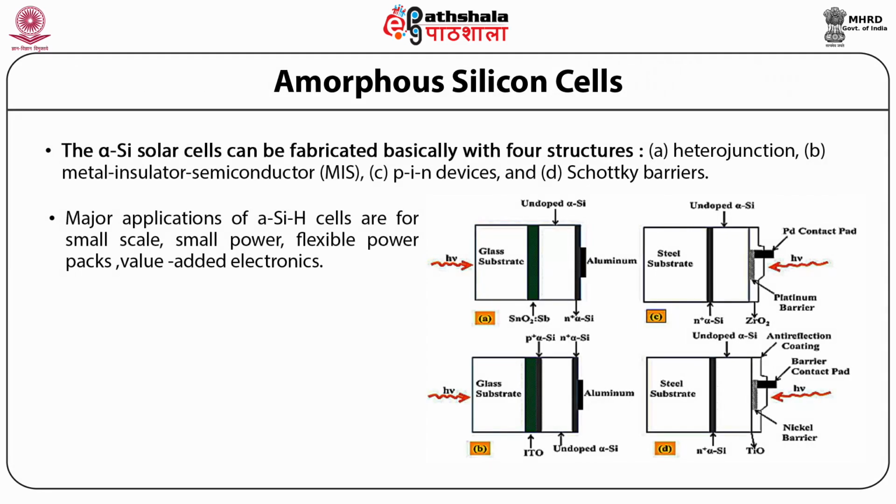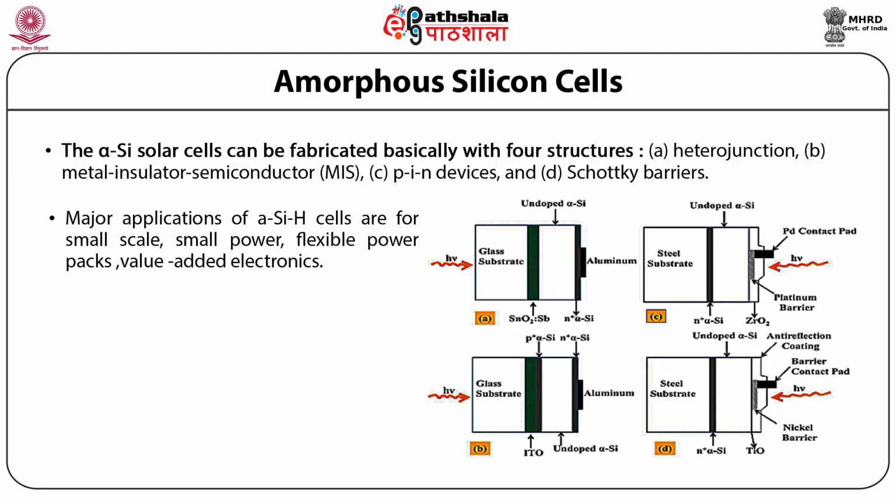Amorphous silicon cells. An alpha silicon solar cell is prepared in a multi-chambered cell, showing higher efficiency compared to the single chamber, and it can be fabricated basically with four structures.